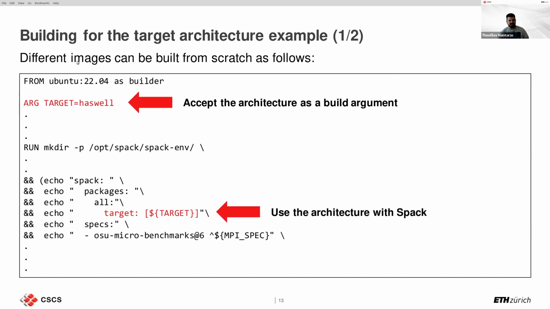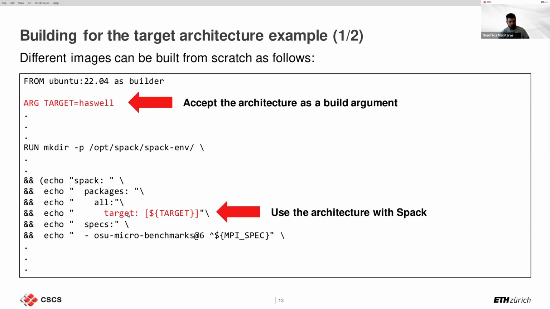But I have here an example of how it looks when you do not rely on any of these helper features. So here I have a container image that I want to build. Here you see that I have a build argument with a target Haswell architecture, but I can change this via the build arguments that I pass to the image. And this target build argument is propagated to the target that Spack is going to use for the packages.